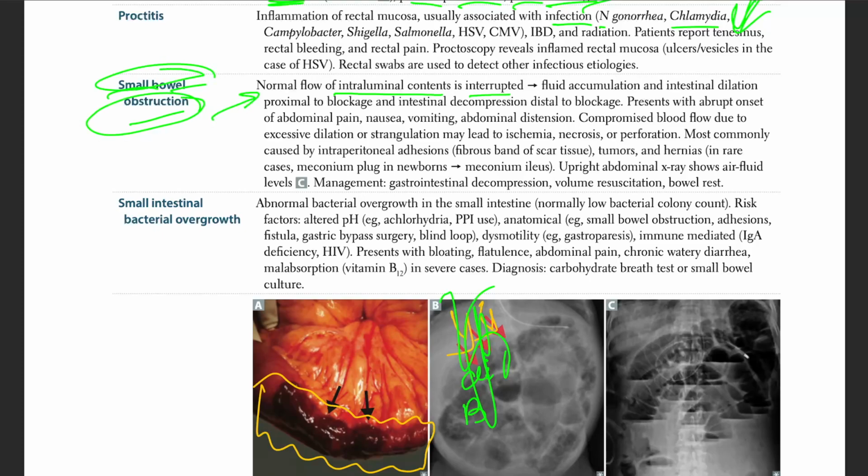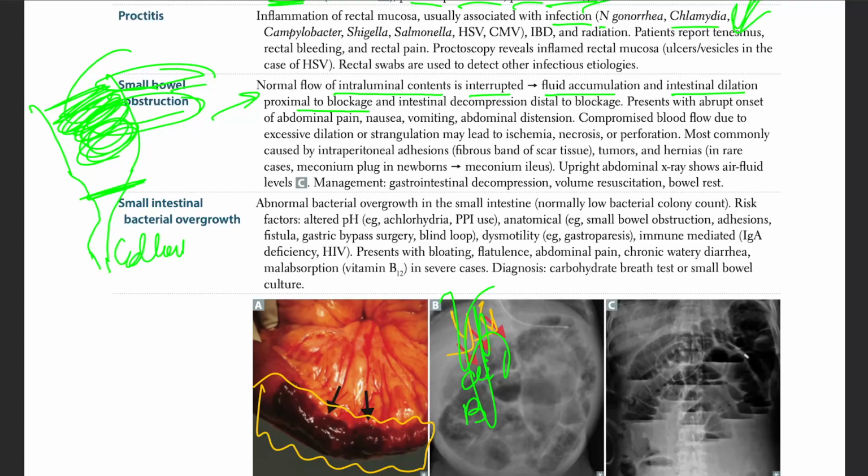Normal flow of the intraluminal contents is interrupted, which leads to fluid accumulation and intestinal dilation proximal to the blockage. Proximal to the blockage, you have all the fluid material coming in. And intestinal decompression: because you have the obstruction, let's say here, distal to it is just collapsed, decompressed.